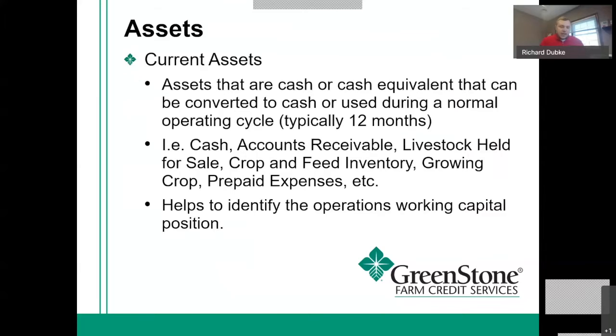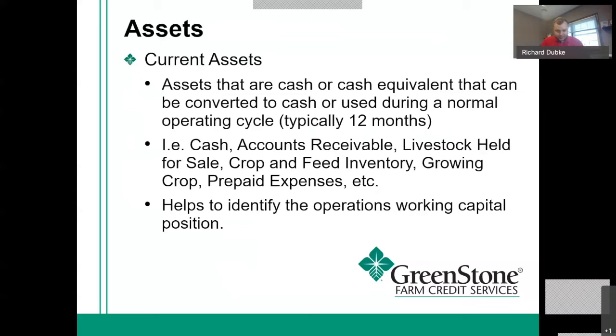Assets, we'll start with the current asset section. These are assets that are cash or cash equivalent, or can typically be converted to cash in the normal operating cycle. For general reference, typically 12 months is considered the normal operating cycle of most operations, especially cash crop operations.